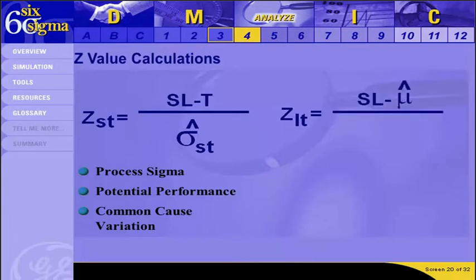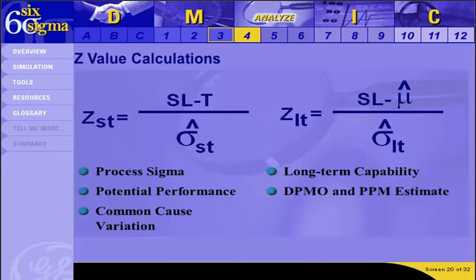To calculate Z sub LT, you subtract the mean from the specification limit, and then divide the result by the long-term standard deviation to get the long-term Z-score. The Z sub LT describes the sustained reproducibility of a process. Because of this, it is also called long-term capability.